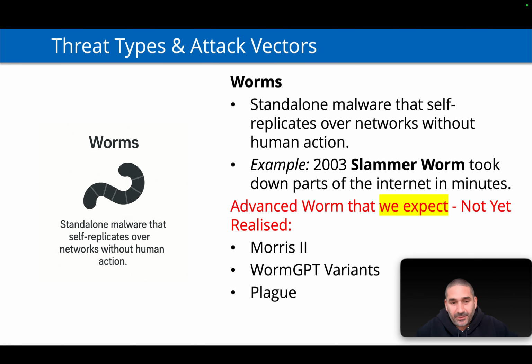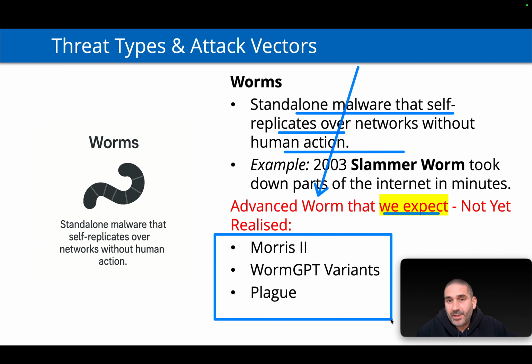Worms are different. Worms are standalone malware that is self-replicating over a network without any human action. So you see how this is different from the previous description of the virus. One example is the Slammer worm, along with some advanced worms that we expect. That's why this is highlighted in red and in yellow, because they have not been realized yet, but those are the worms that we are currently worried about, that we are investigating as researchers.